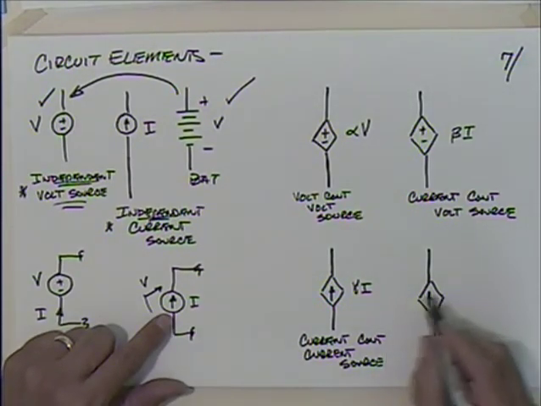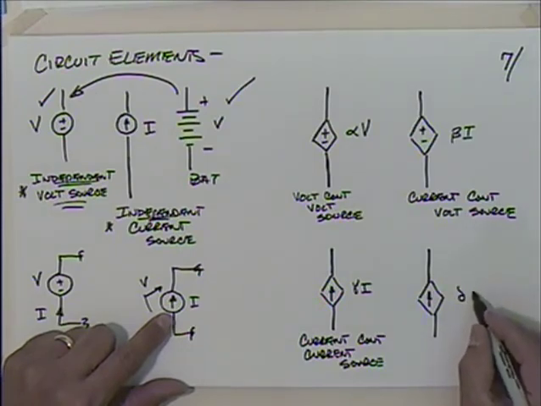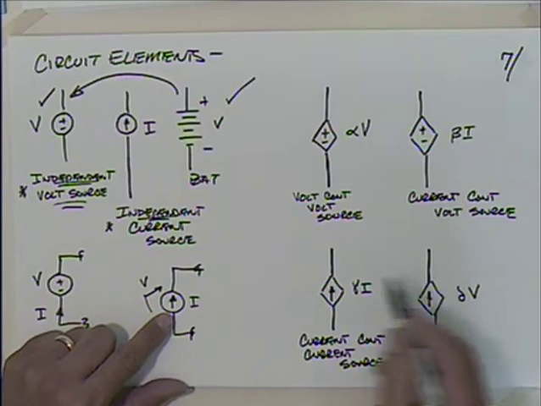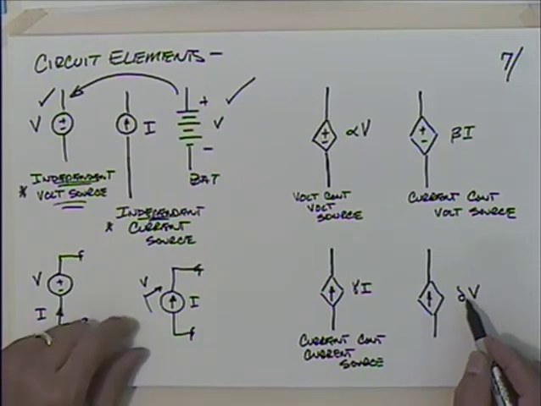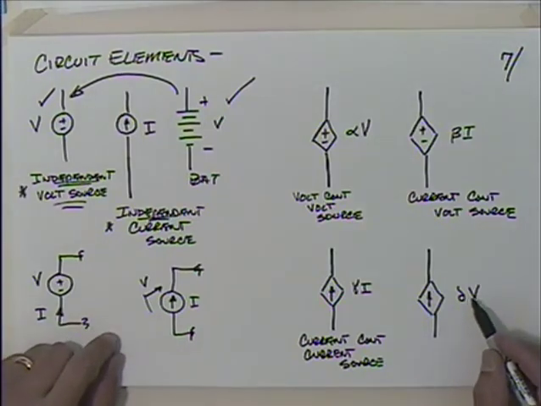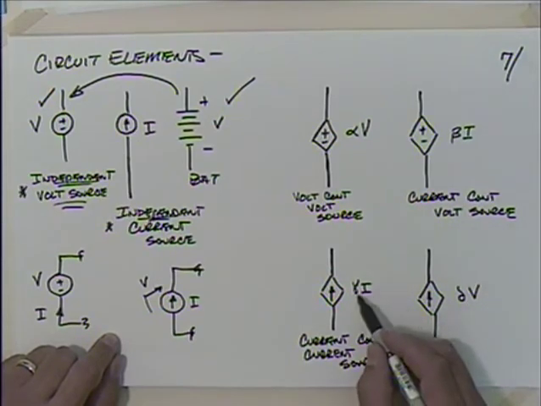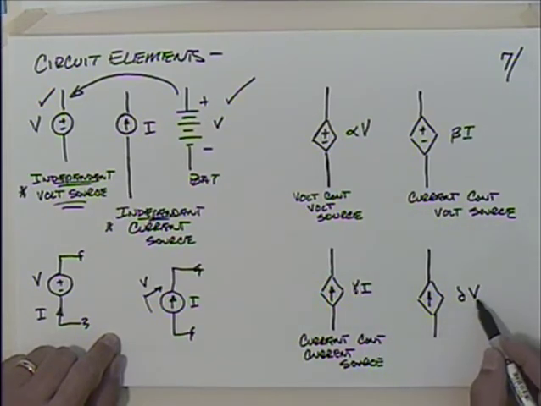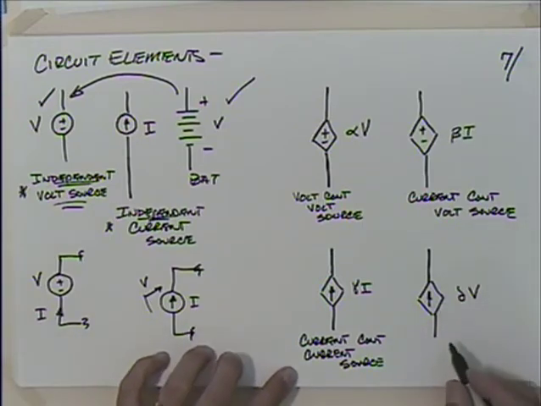Whereas here we might have delta times V. So we take some voltage somewhere else and multiply it by this delta, this factor. Maybe it's 10, maybe it's 100. Excuse me, I don't know what it is. Whatever the circuit dictates. Here, this is going to be unitless. Here, this is going to have units to convert voltage to current because we have voltage controlling a current source.